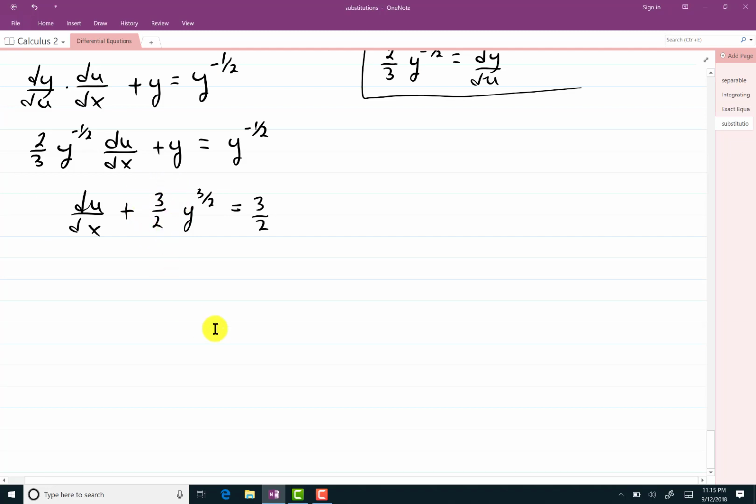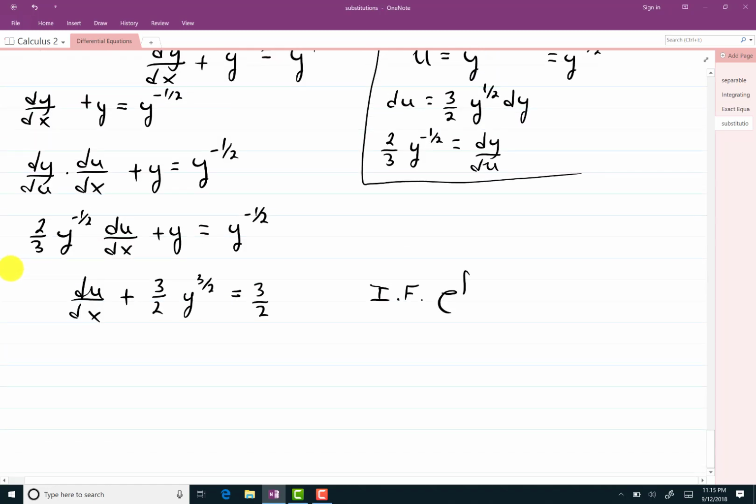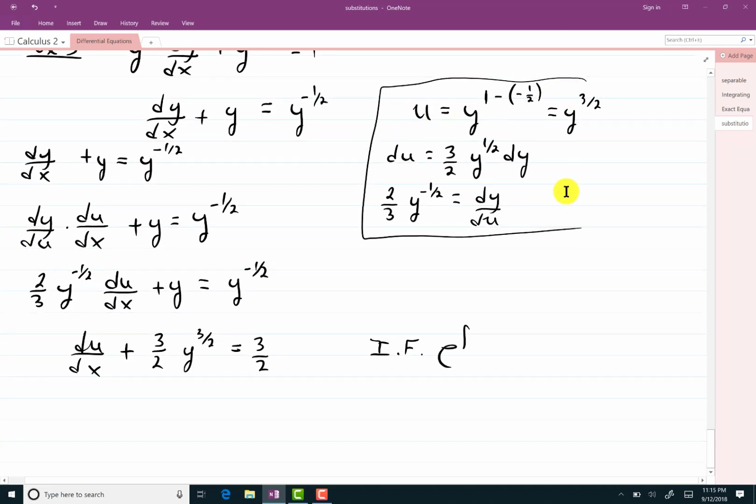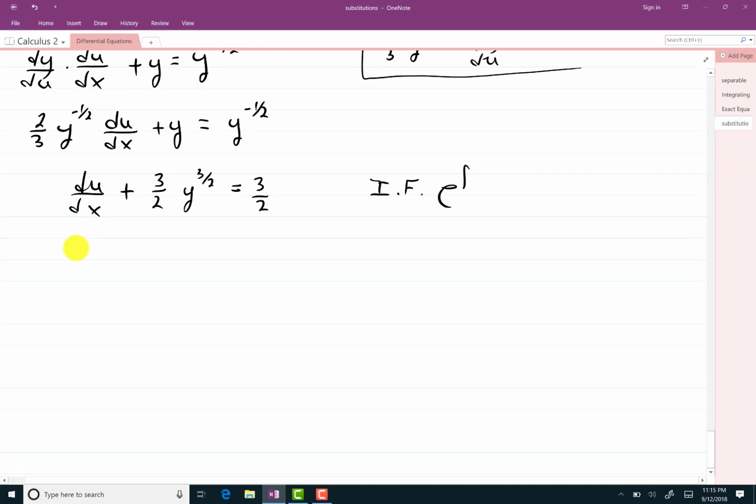Your integrating factor, your I.F., will be e to the integral. Notice that the 3/2, I think I'm jumping ahead of myself just a little bit right here. u equals y to the 3/2. So we get du over dx plus 3/2 u equals 3/2.